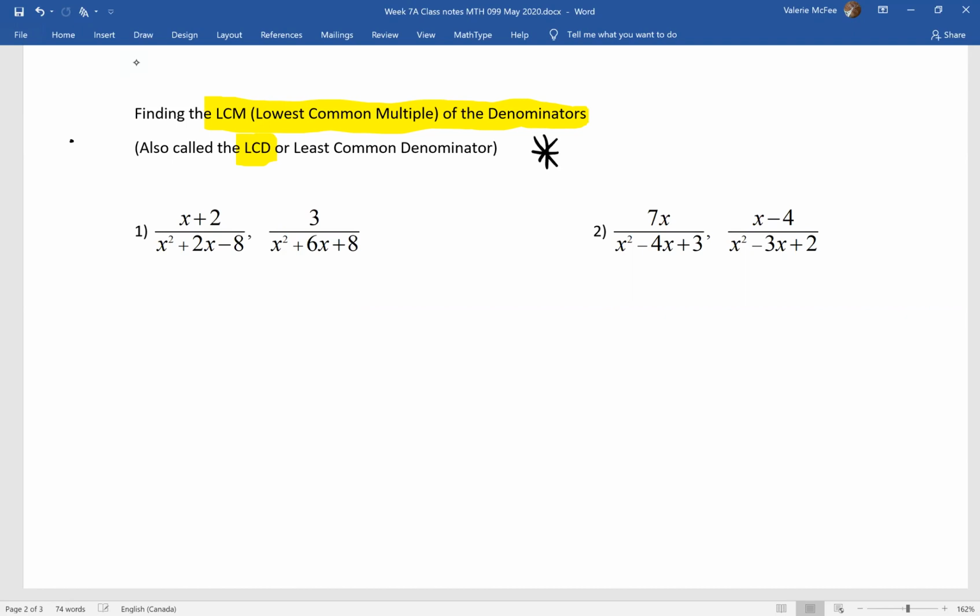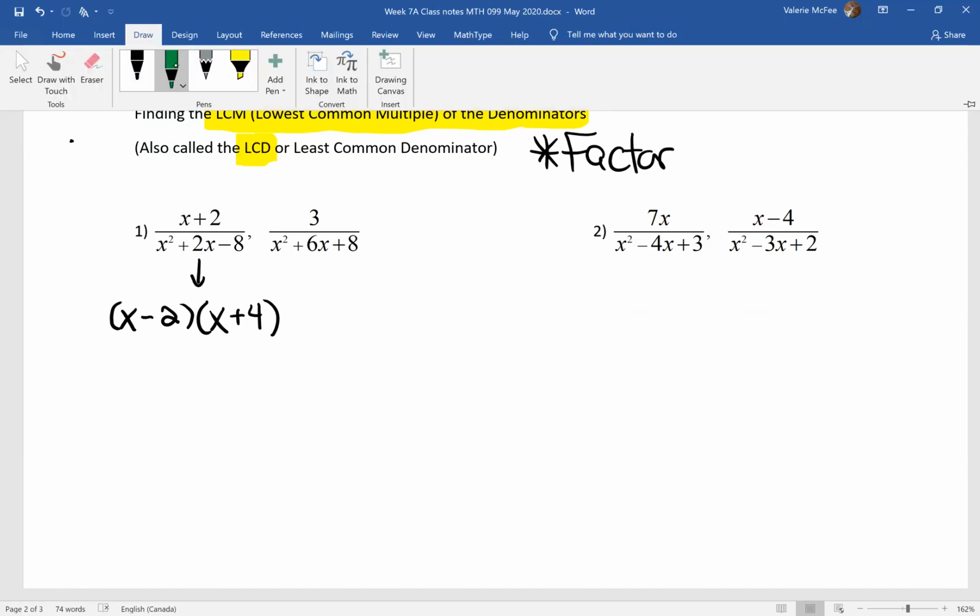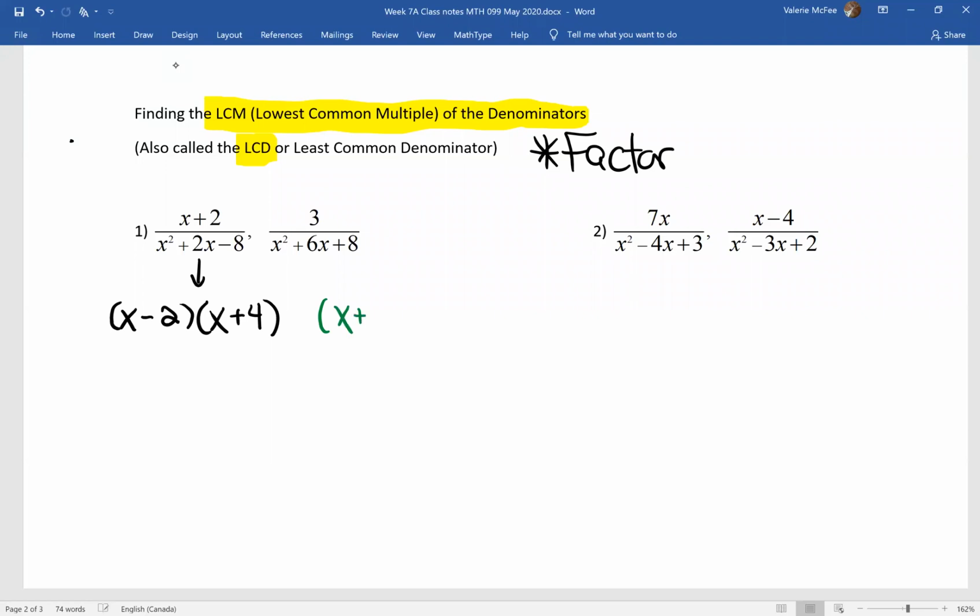First thing you have to do is factor the denominators. So I have x plus 2, x minus 2 times x plus 4 for the first expression. x plus 4 times x plus 2 for the second expression.